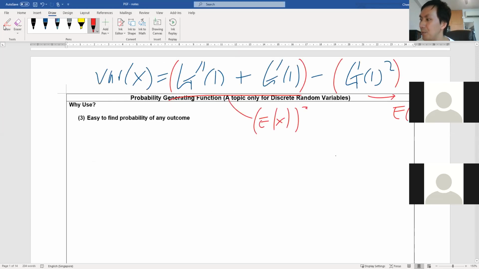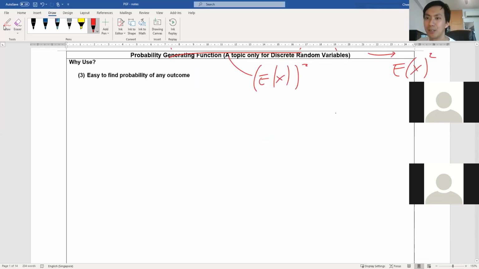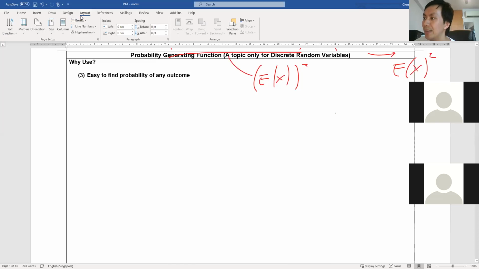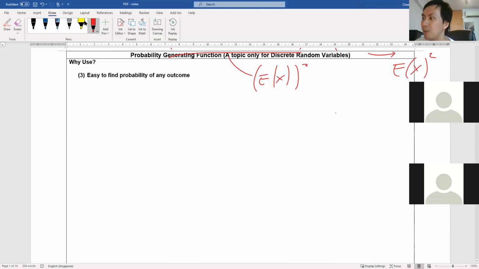What is the really requirement to calculate the next usefulness of a PGF, right? It actually gives us a quick way, or mathematical way, to obtain the probability of any outcome again. Okay. So what do I mean by that?